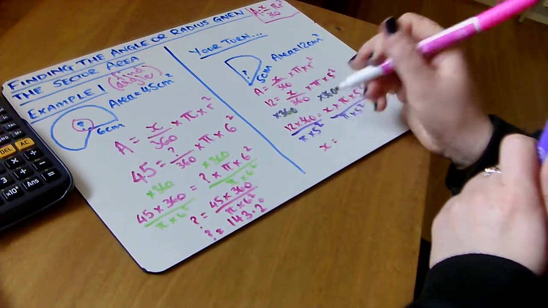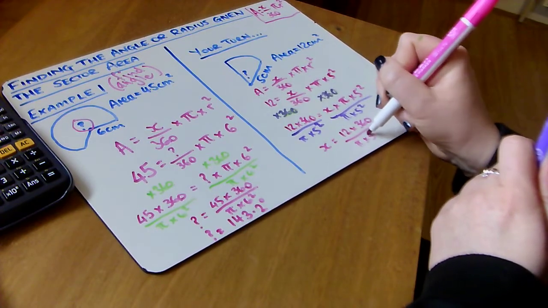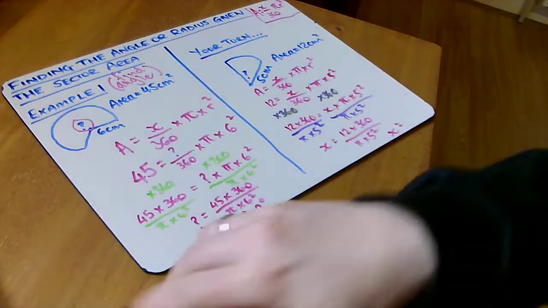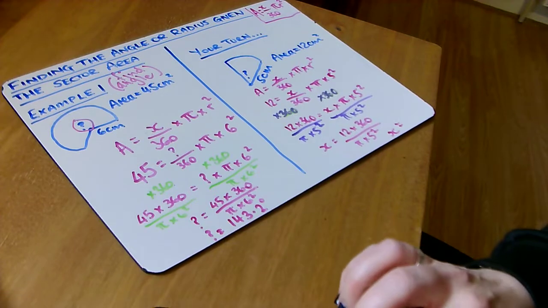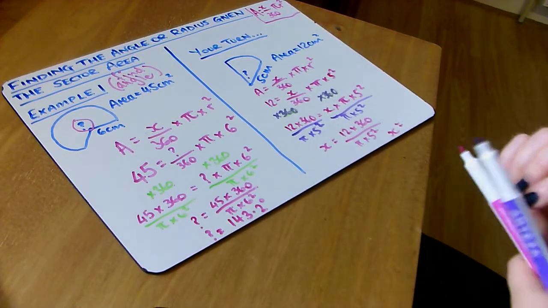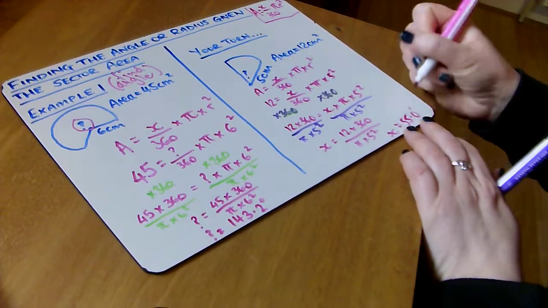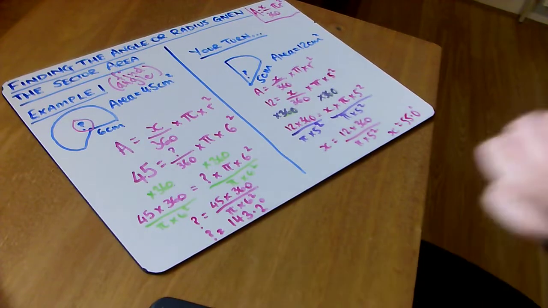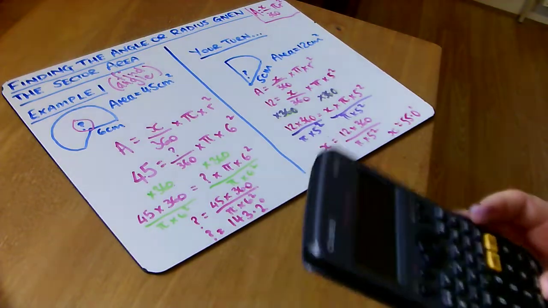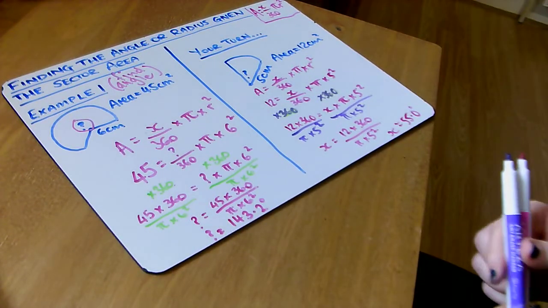So x is equal to 12 times 360 divided by pi times 5 squared. And our answer should be 55.0 degrees. Again, just one decimal place because it's an angle. Now I know it's 55.00, so it could just be 55, but we want to keep it as accurate as possible. So that's why we're still using one decimal place.